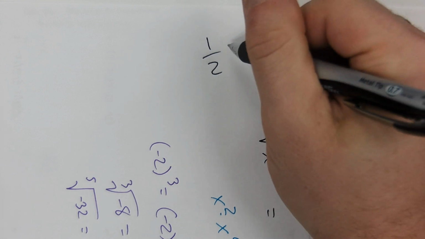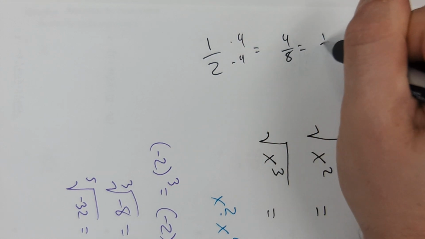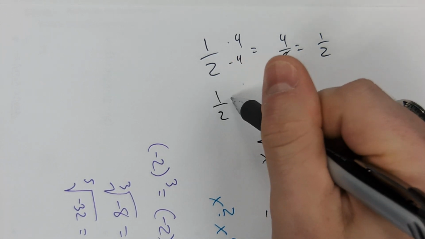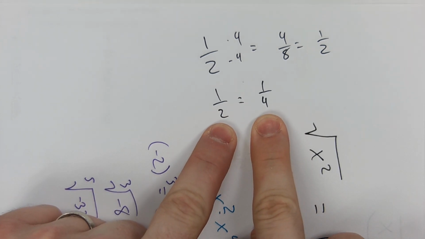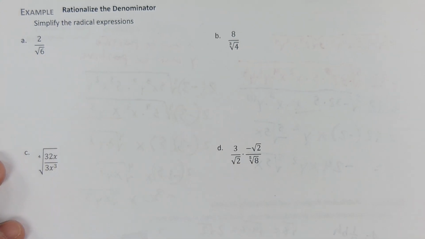Of course. If you wanted to multiply by 4 over 4, you'd get 4 over 8, which is still 1/2. The reason why that works is because 4 over 4 is 1. But if you square the top and the bottom, you get 1 over 4. And these two fractions are not equal. So you're not allowed to square the bottom of the fraction.